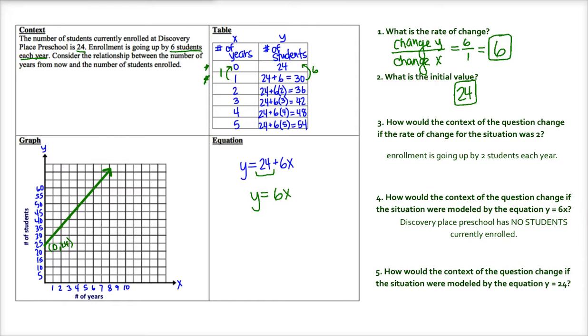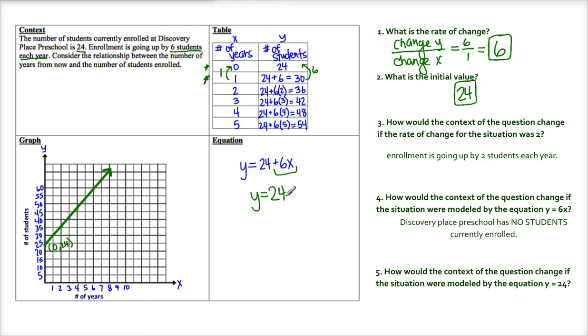Okay, and the last question says, how would the context of the question change if the situation were modeled by the equation y = 24? So this time, we're saying the equation is y = 24. So what part did we take out? We took out the 6x, right? And the 6x is modeling how many students are being added each year.